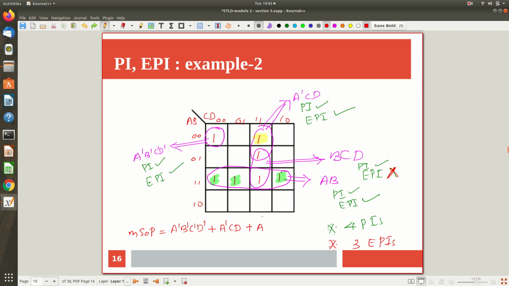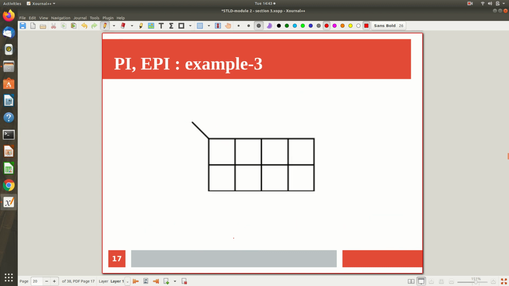All of these are essential prime implicants. All of them uniquely identify the minimized sum of product expression, and no minterm remains. So this is again unique. In these two examples we are getting a unique minimal sum of product expression, but it is not always the case. We will see more examples.